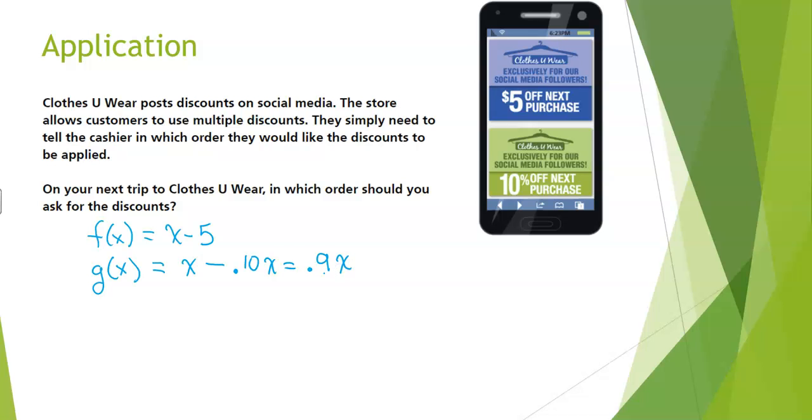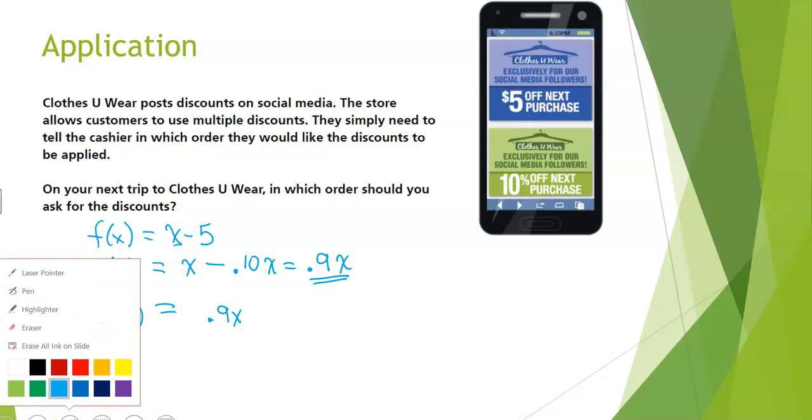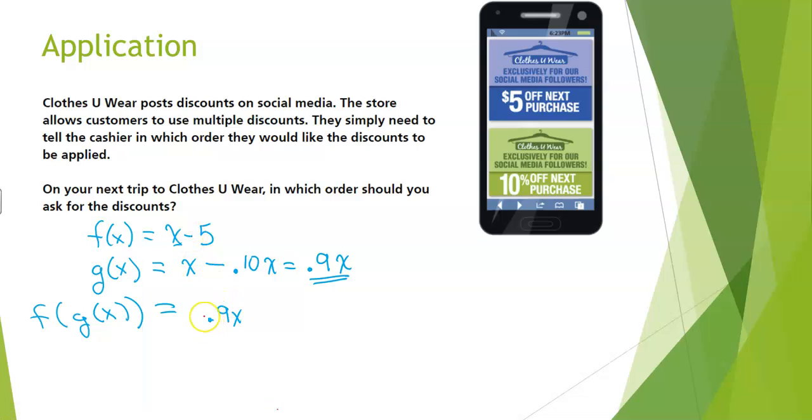So I'm going to try 2 different ways. I'm going to have them take the 10% off first and then get $5 off that. That's what this one says. So the 0.9x is my output of g of x. That becomes my input here. So I take whatever my output was and I subtract 5 from it. So that one, I'm not doing any fancy math there.